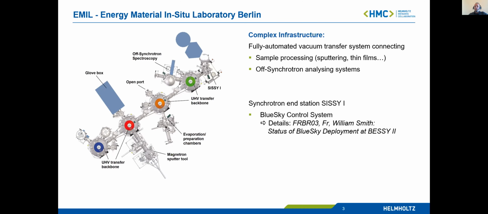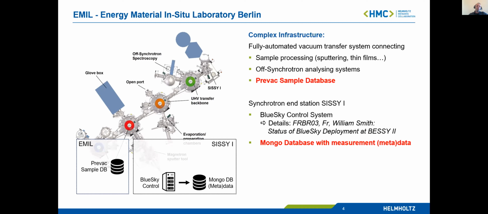So this instrument is in a commissioning phase, and from a data management point of view, we can think of it as consisting of two parts. On one hand, the EMIL part, which stores the location and the processes applied to a sample in a sample database.